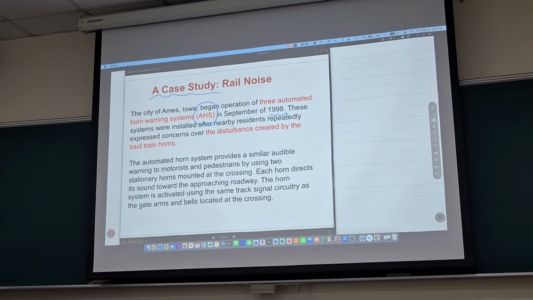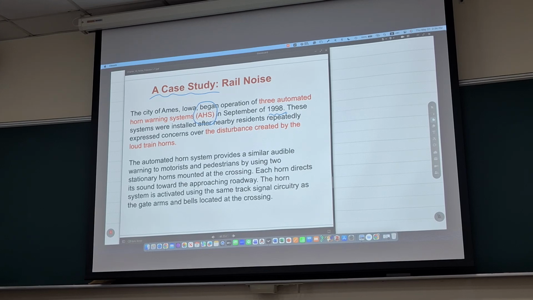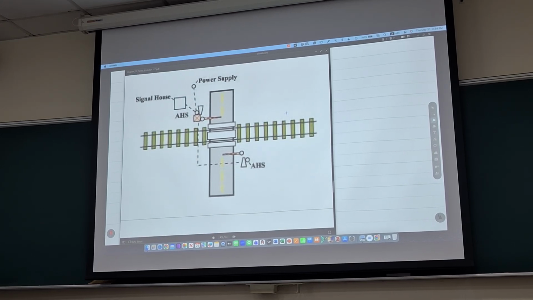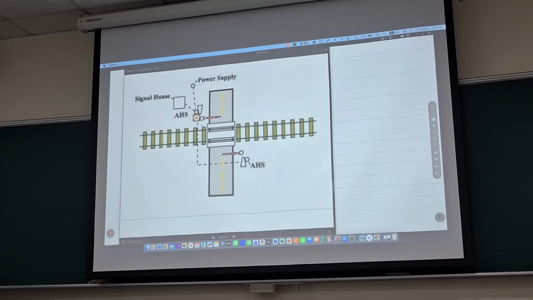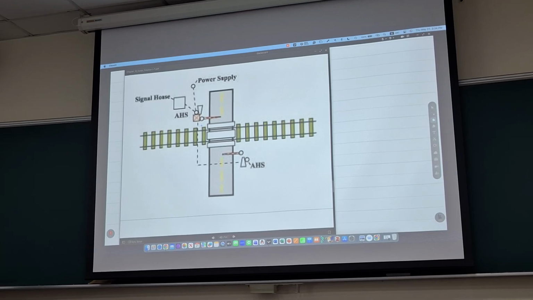Instead of the train blowing very loud when the train comes, in the past the driver would press a very loud train horn to warn people that the train is coming.